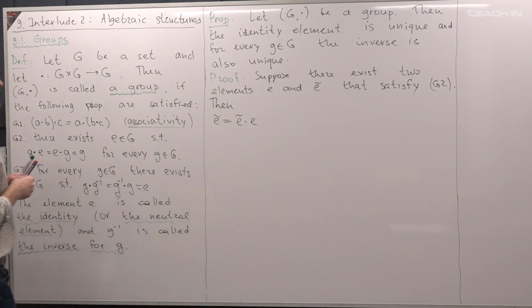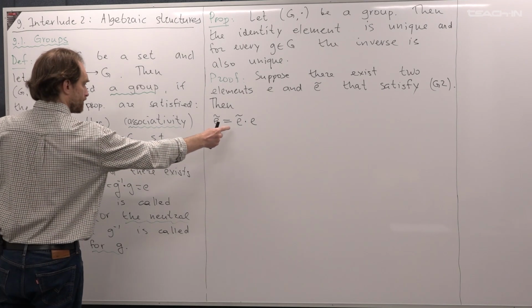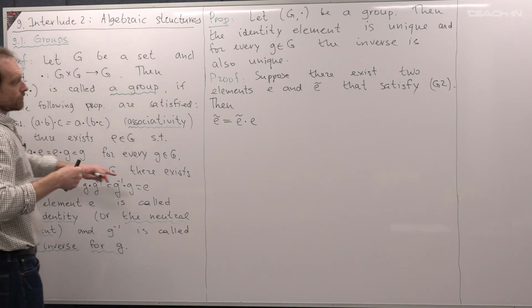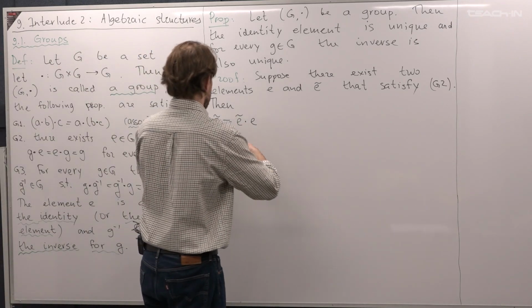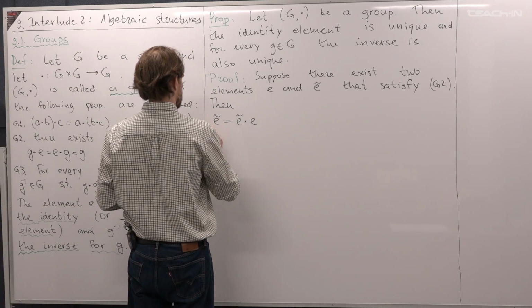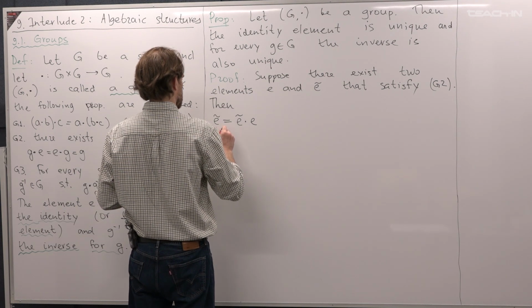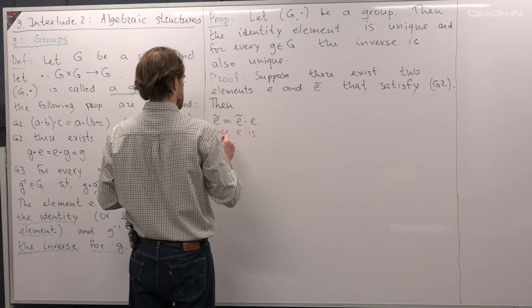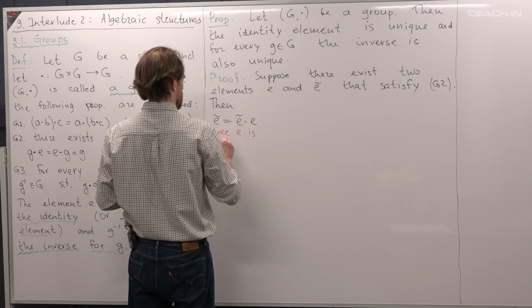So the element E satisfies this axiom. So if we take E tilde instead of G and apply this axiom, we get this relation. So since E is the identity.